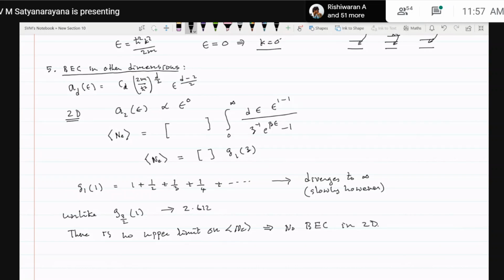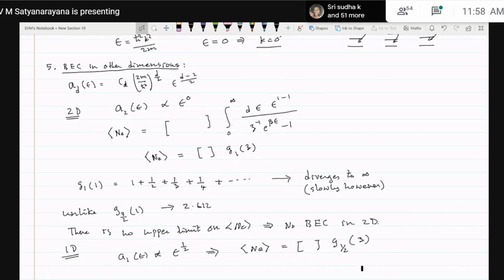Now you can also argue the same thing with one dimension, because if you take 1D, your density of states will be proportional to epsilon to the power minus half. So this simply implies that your average N is equal to some constant times g to the power half of z. So this also diverges.